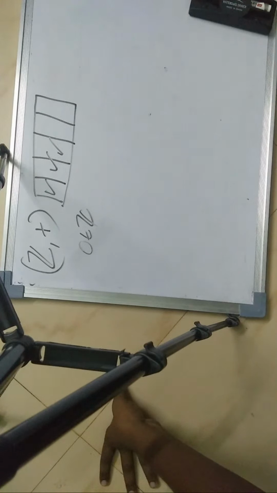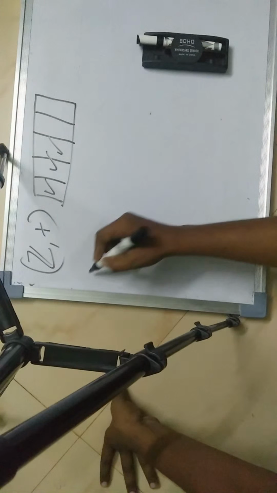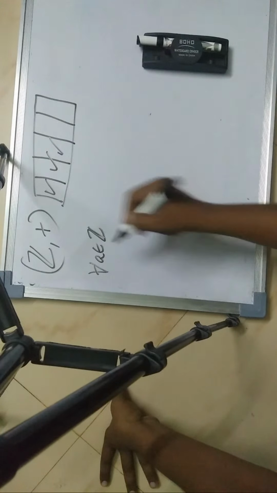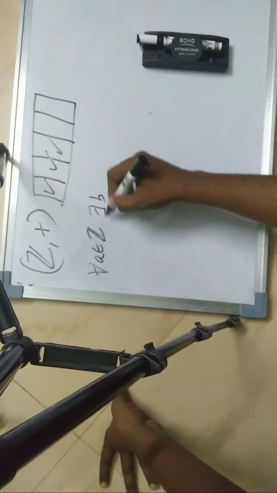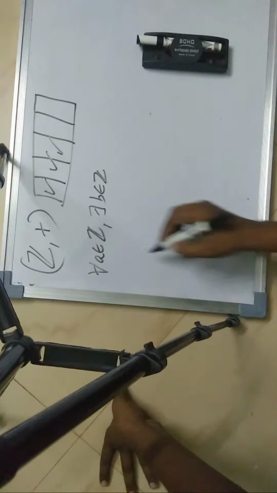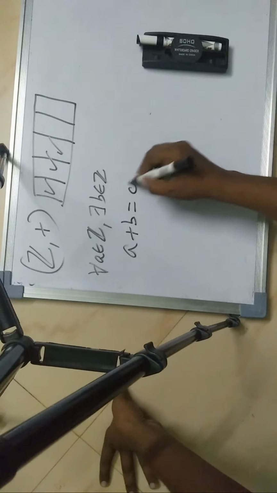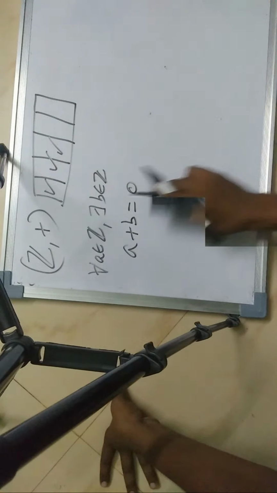Now we need to check for inverse for every element. So given any a in Z, we need to find some b in Z such that a plus b is 0. So we need to fill in this b.